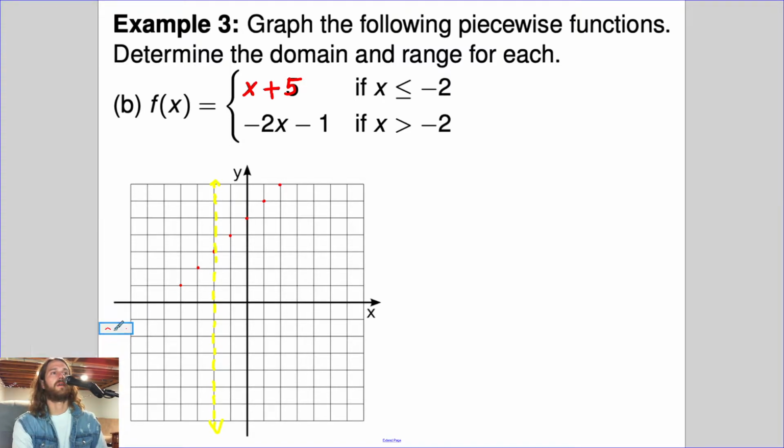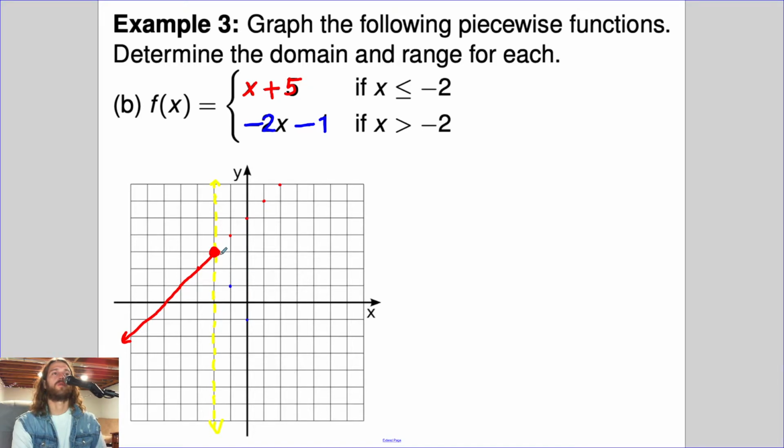Let's see. So it is these red dots, but only less than or equal to -2. So closed circle on the boundary going to the left. Blue. Slope of -2, y-intercept of -1. -1 right here.